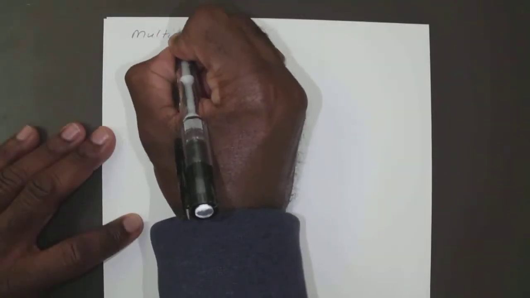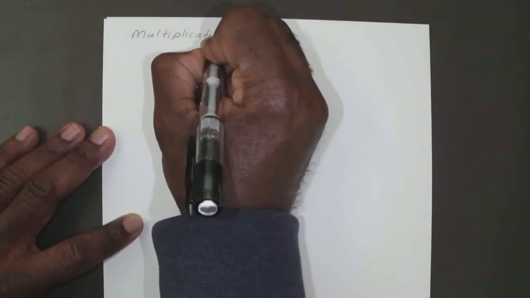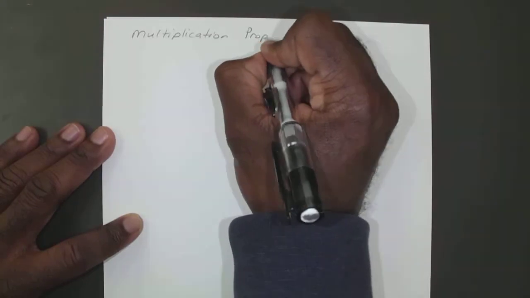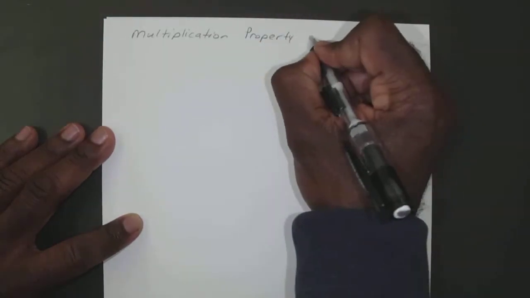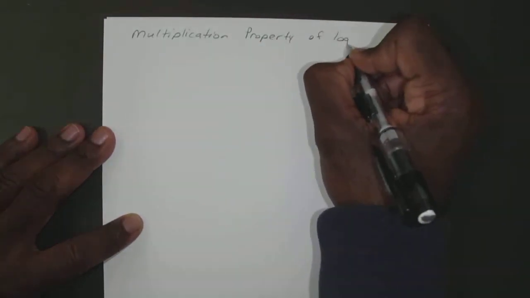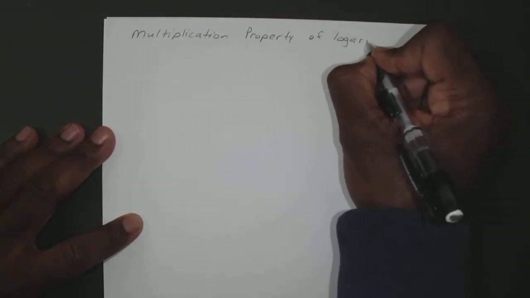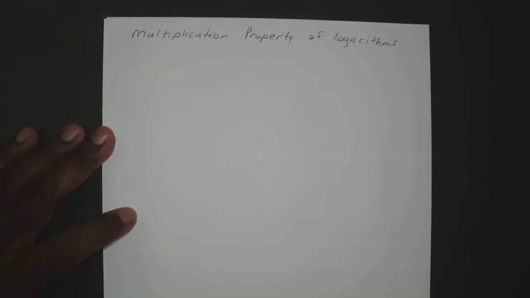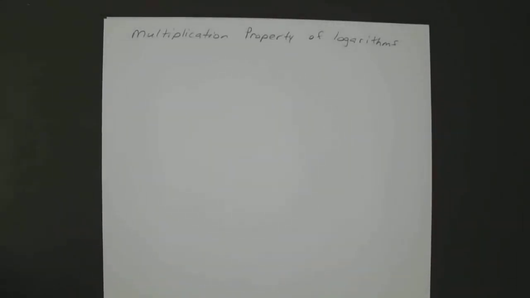Now we're looking at our multiplication property of logarithms. Well, actually, they call it the product property, but same thing.